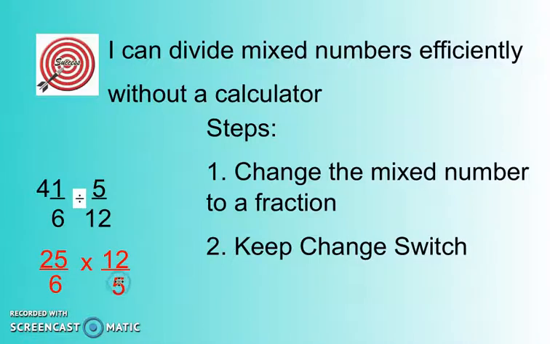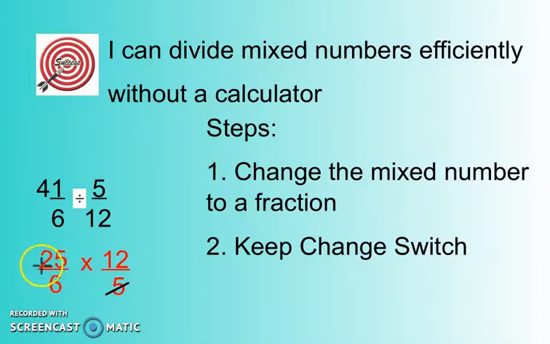So now I need to figure out what the product is. I need to multiply. Well, let's simplify first. Is there something from the numerators that I can put together with the denominators to simplify and make up an equivalent fraction? Well, 25 and 5, those two go together.